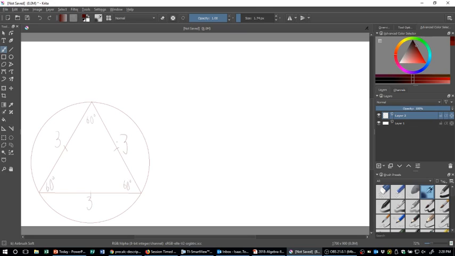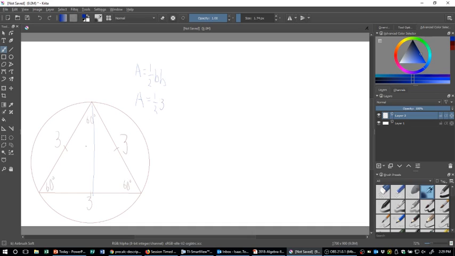I don't think most people memorize that, so what I would do instead is I would say, well, area of a triangle is also 1/2 base times height. Okay, I can see the base length is 3.